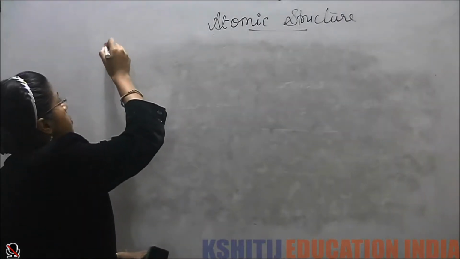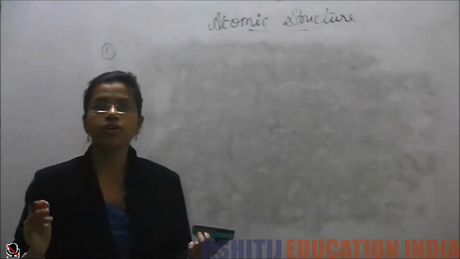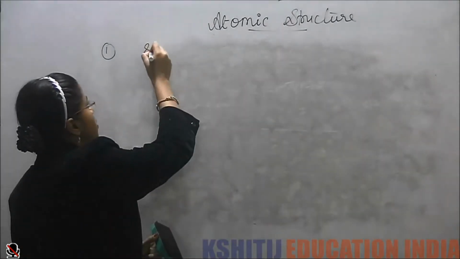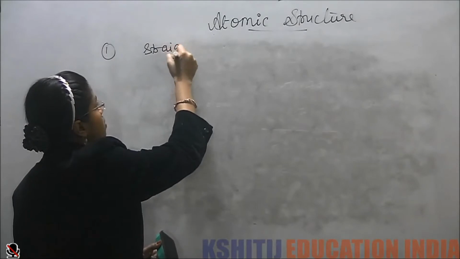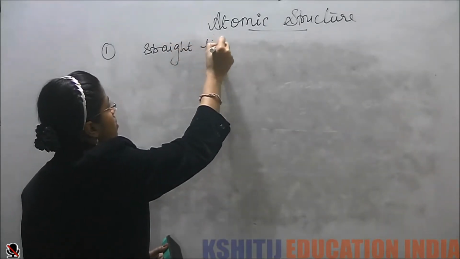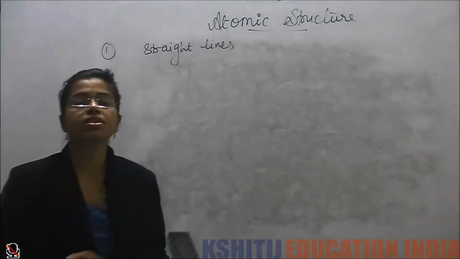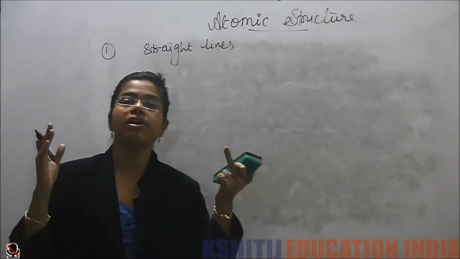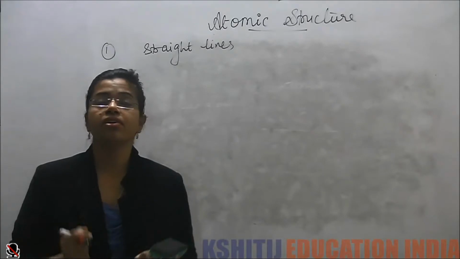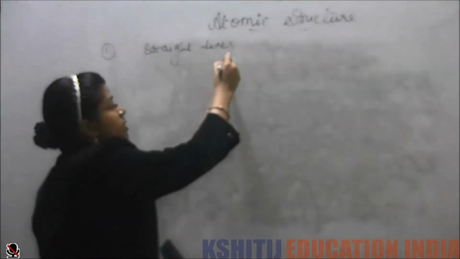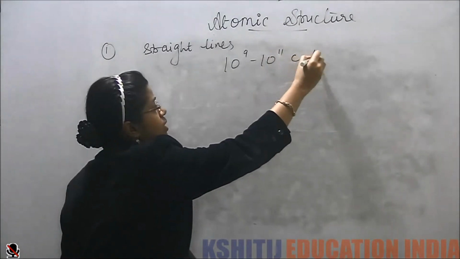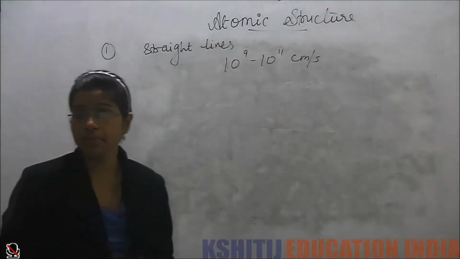The first important feature was that they always travel in straight lines away from the cathode at very high velocity, approximately 10 to the power 9 to 10 to the power 11 centimeter per second.